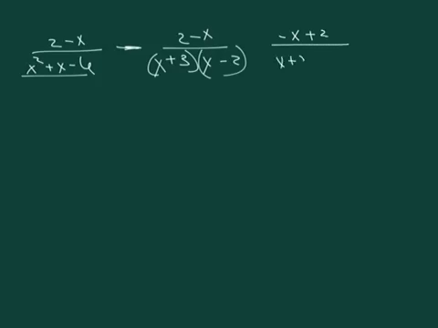I'm just going to rewrite the bottom. I would like to cancel this and this out, but I can't because the signs are different. Remember, if I pull a negative out and make parentheses, it changes the sign of everything in there. When I put a negative in, it changes the sign.